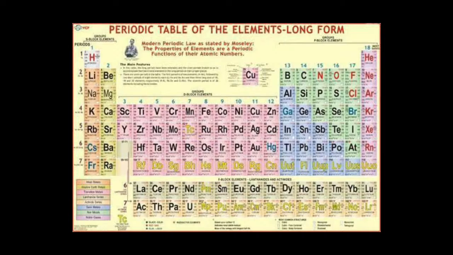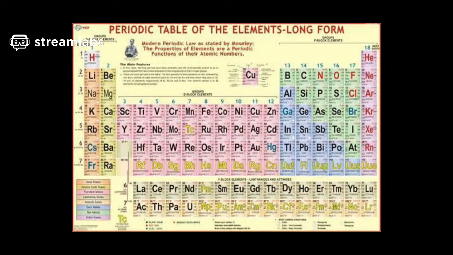Lanthanides are the elements which start from atomic number 58 to 71, and they were kept separately. Actinides are the elements which start from atomic number 90 to 103.